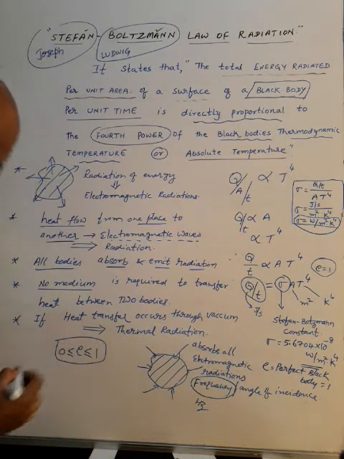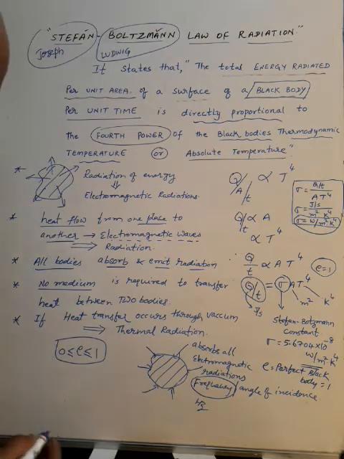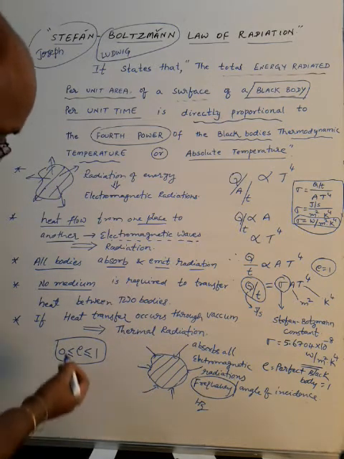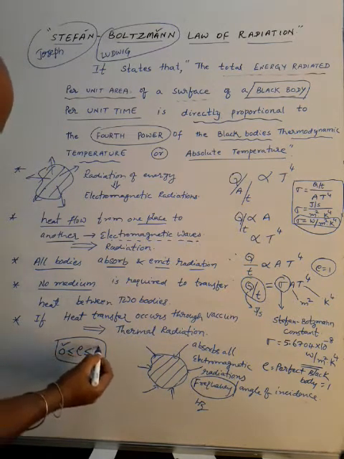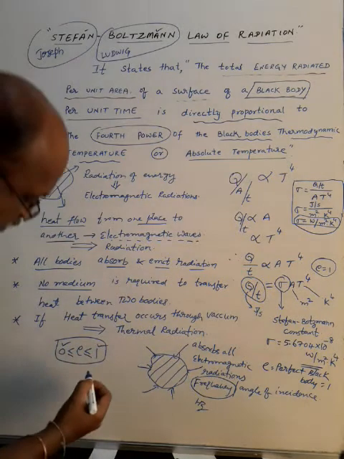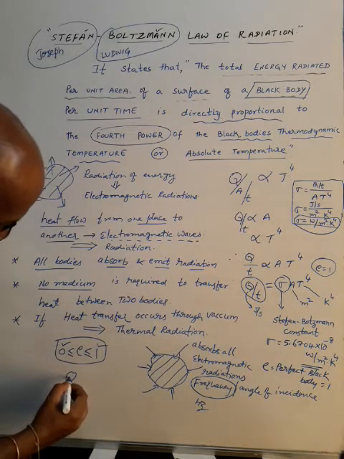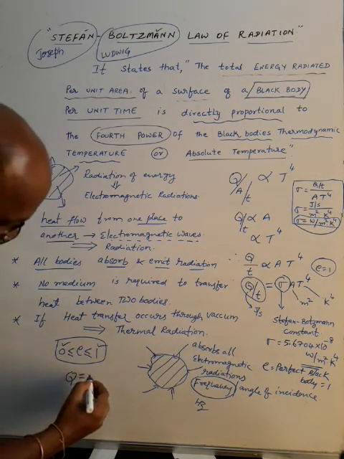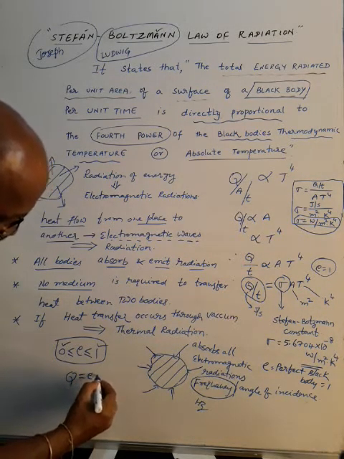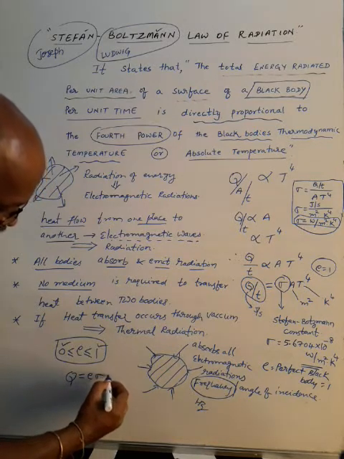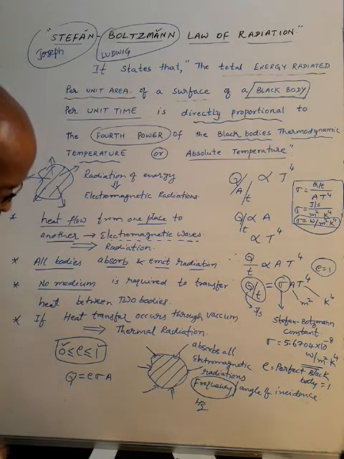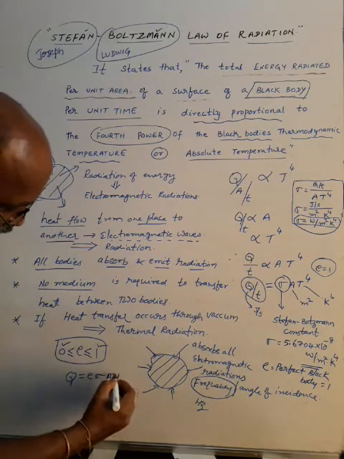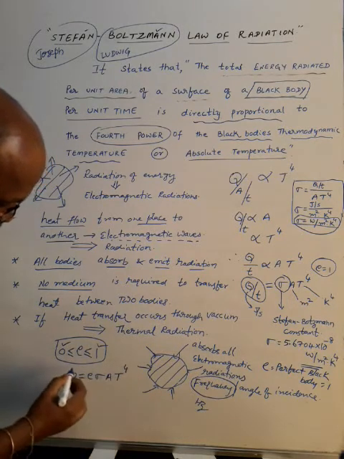So for all other bodies whose emissivity lies between 0 and 1, we can write the equation as Q, that is rate of heat transfer, is equal to emissivity, Stefan Boltzmann constant, area of the body and temperature power 4.